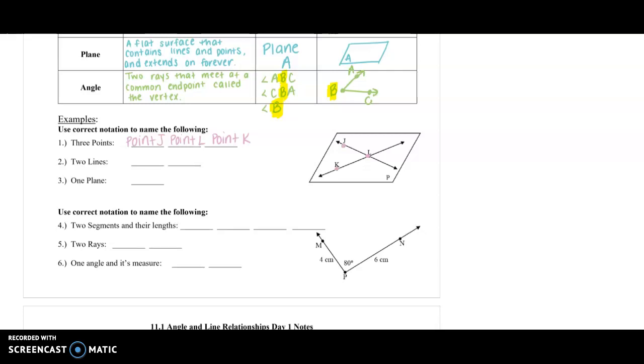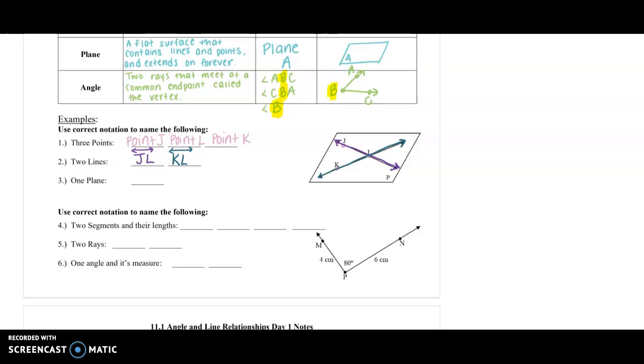Two lines that I have: if I wanted to name two lines, I have line JL, that's this line right here that I just did in purple, and I have line KL, which is this line that I'm doing in blue.